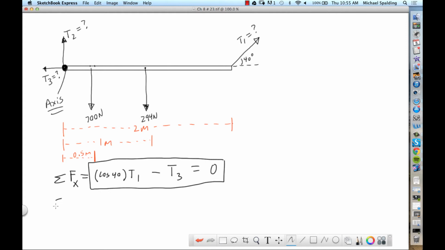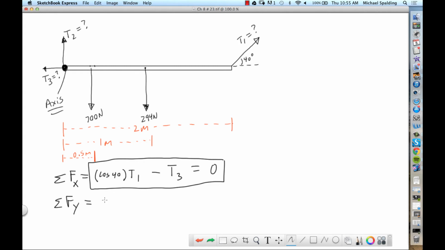Okay. Now we sum the forces in the y. Summing the forces in the y direction, we have 4 forces in the y. We have 1, the y component of T1, that's 2, and then 3, 4. There's 4 y forces. All right, so here's what this looks like.